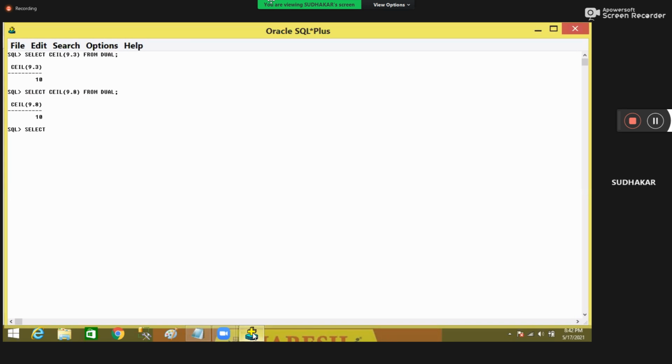Suppose I'm passing select floor of 9.8 from dual. The value less than 9.8 is 9, right? In the same way, if I give floor of 9.3, again the lesser value is 9 only. This is what we call the CEIL and FLOOR functions.